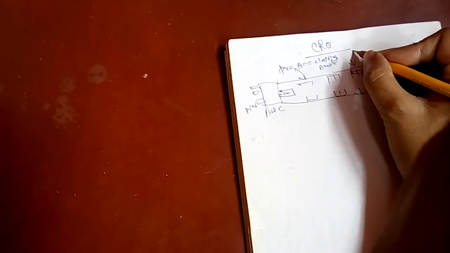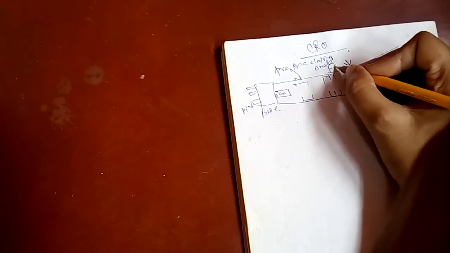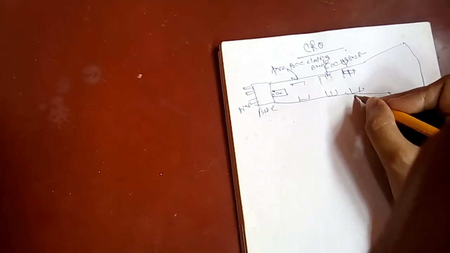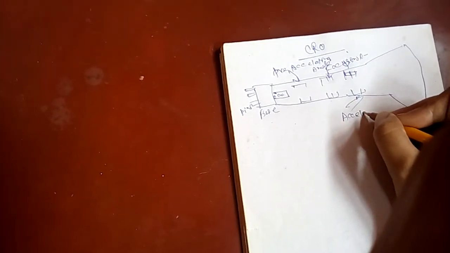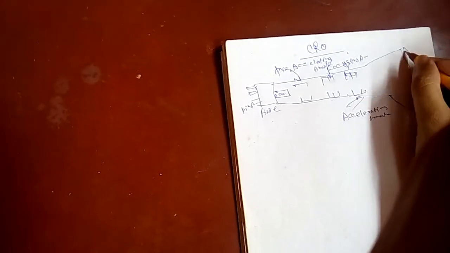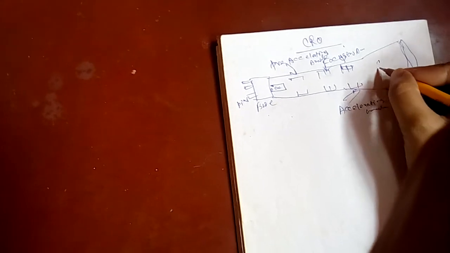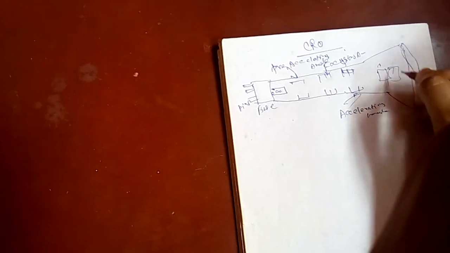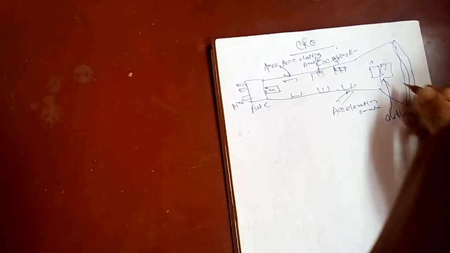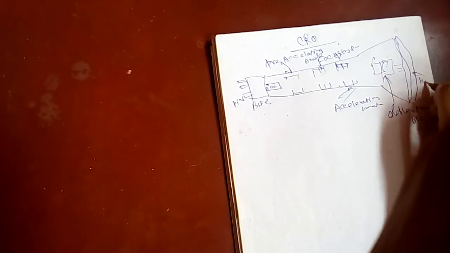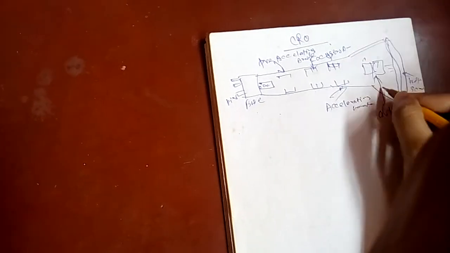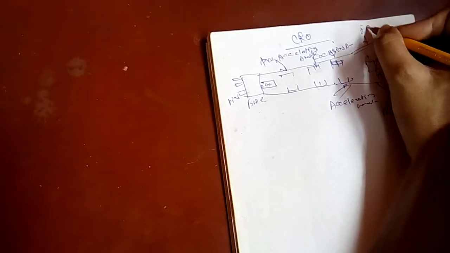This is the accelerating focusing anode, and here is the accelerating anode. Here is the deflecting plate, this is the phosphor screen, and this is the aquadag coating.